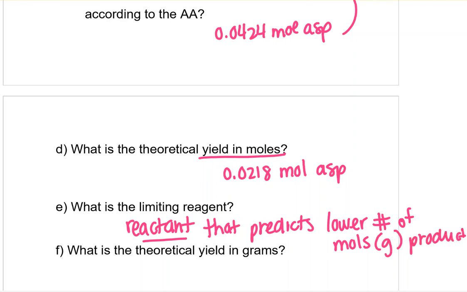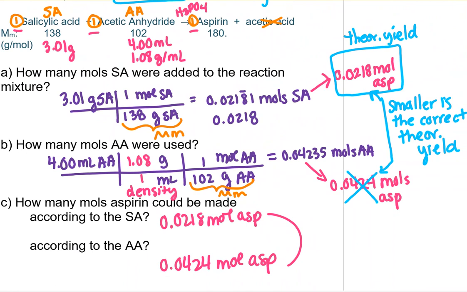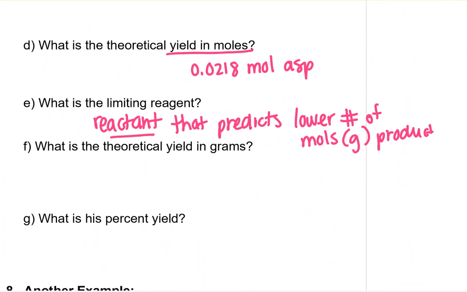It's the reactant that predicts the lower amount. If we go back up and look at which reactant gave the lower number, it was the salicylic acid. So my answer here is salicylic acid is my limiting reagent.